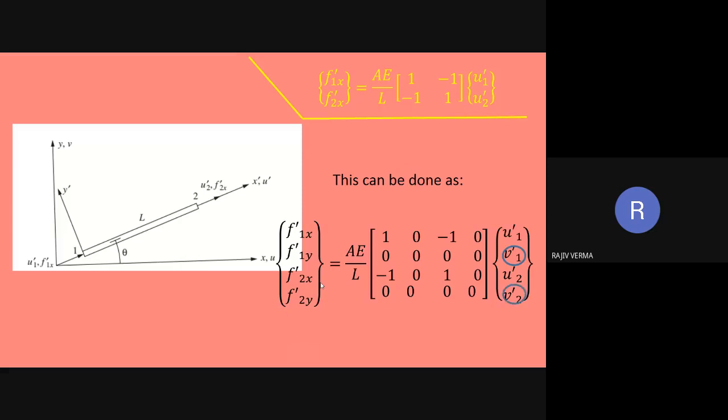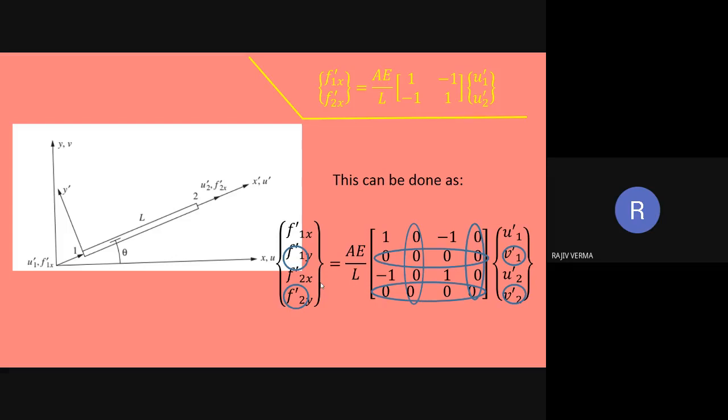which is just going to be illustrated with respect to the highlighted area. So F1y is the equation corresponding to F dash 1y and F dash 2y in the local frame, which is related to V1 dash and V2 dash multiplied by plenty of 0.